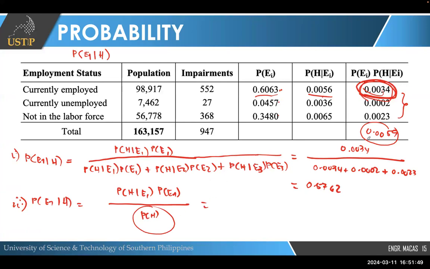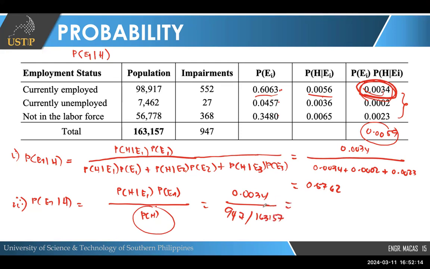If we look at it, class, the total there could be 0.0034. But your denominator will be what is the probability? You count how many have hearing impairments and what is now the proportion of that with respect to your total population. So that would be 947 all over 163,157.